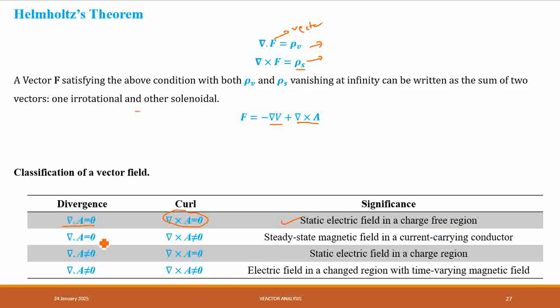Now, if divergence of A is 0 but it is not irrotational, then we can say it is a steady-state magnetic field in a current-carrying conductor. And if it is irrotational only, not solenoidal, then we can say it is a static electric field in a charged region. And if both are not equal to 0, then it is an electric field in a charged region with a time-varying magnetic field. Okay. So these are the conditions to classify this vector field.